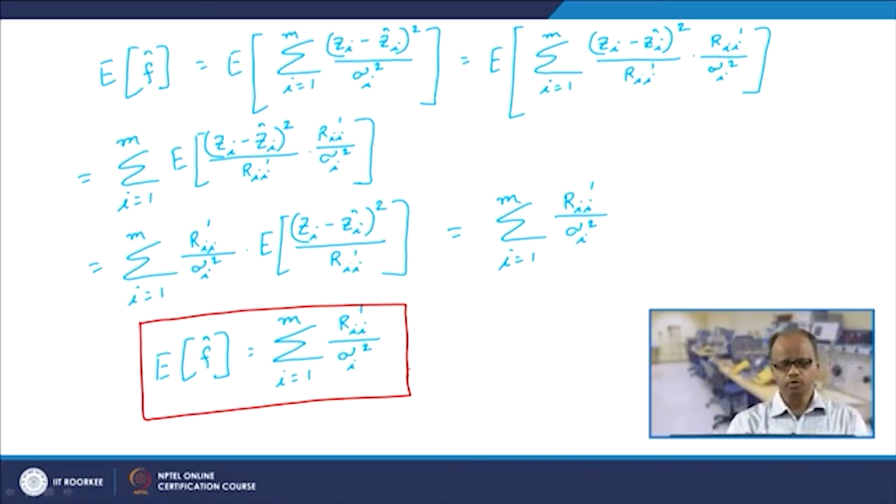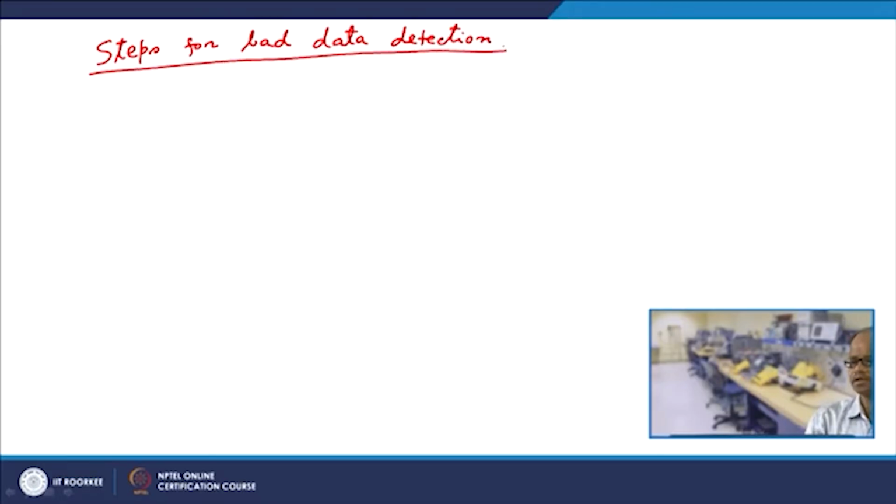So, for that we follow some simple steps. We write that the steps for bad data detection are like this. We have already covered all the theoretical background, so now we are ready to write down the steps for bad data detection.